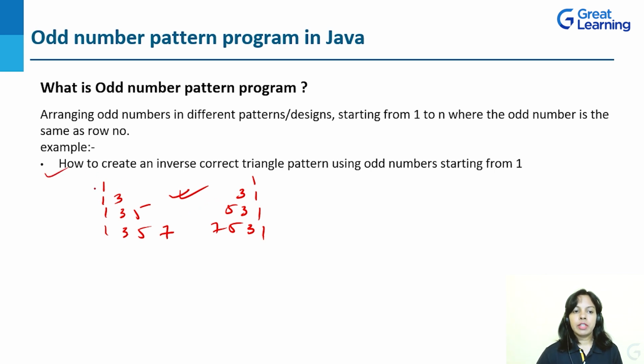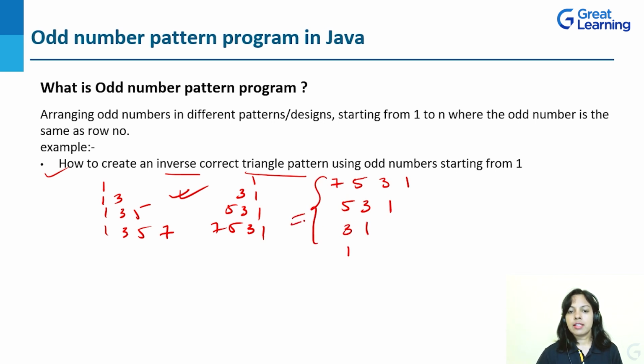So the example we are going to consider is how to create an inverse triangle pattern using odd numbers starting from 1. So it is an inverse triangle pattern basically. Meaning I have to print in the first row 7 5 3 1, then 5 3 1, then 3 1, and then just 1. So this is what this example says.